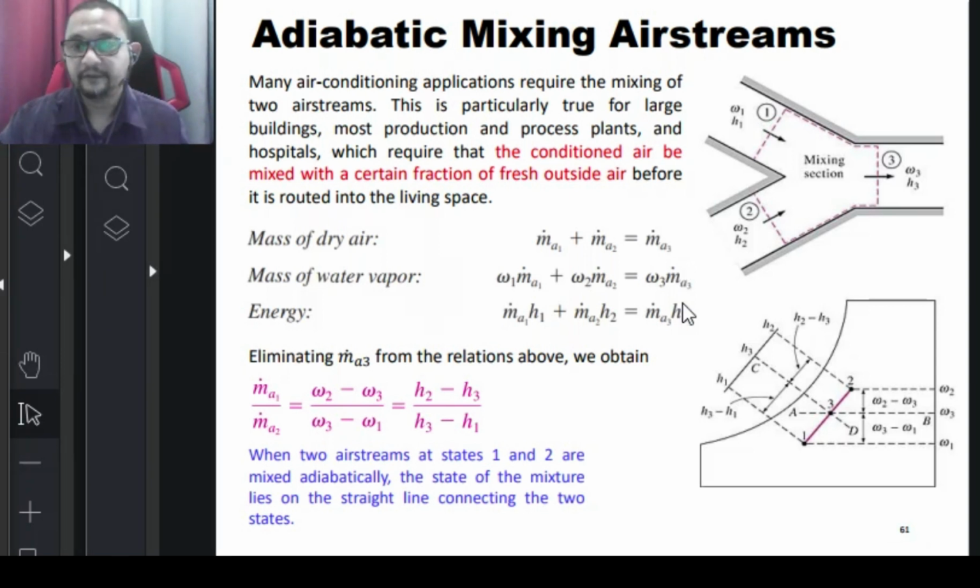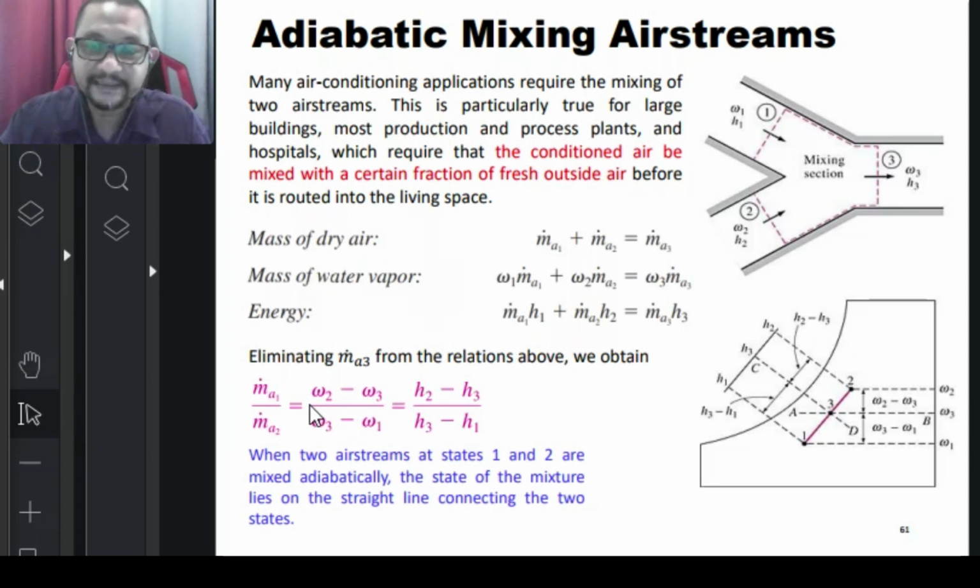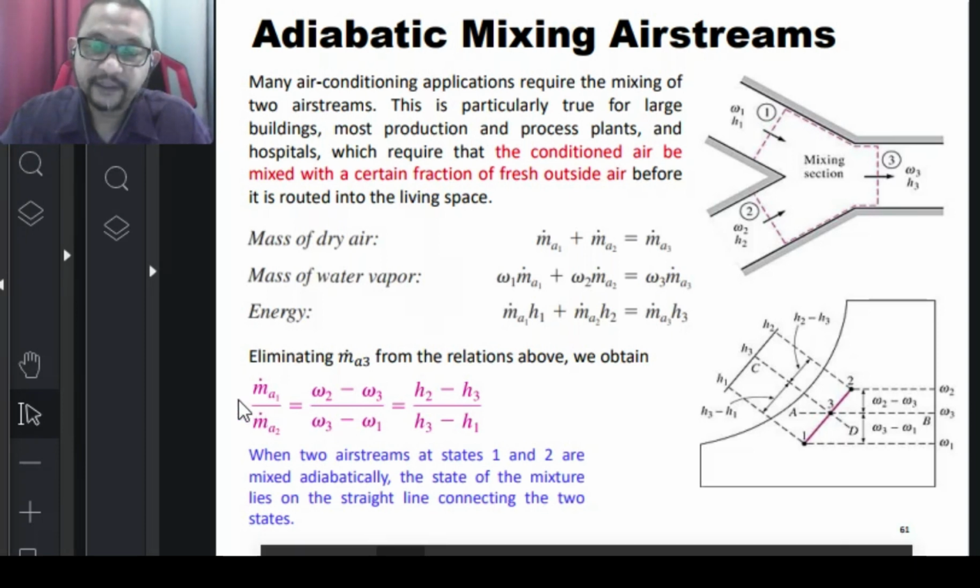By these three equations, eliminating m dot a3, we obtain a useful formula: m dot a1 over m dot a2 is equal to (omega 2 minus omega 3) over (omega 3 minus omega 1), or (h2 minus h3) over (h3 minus h1).